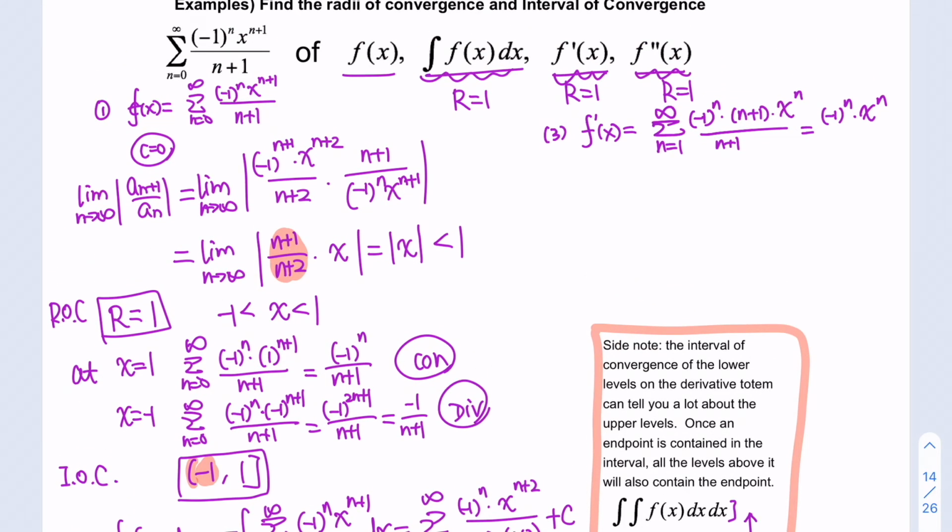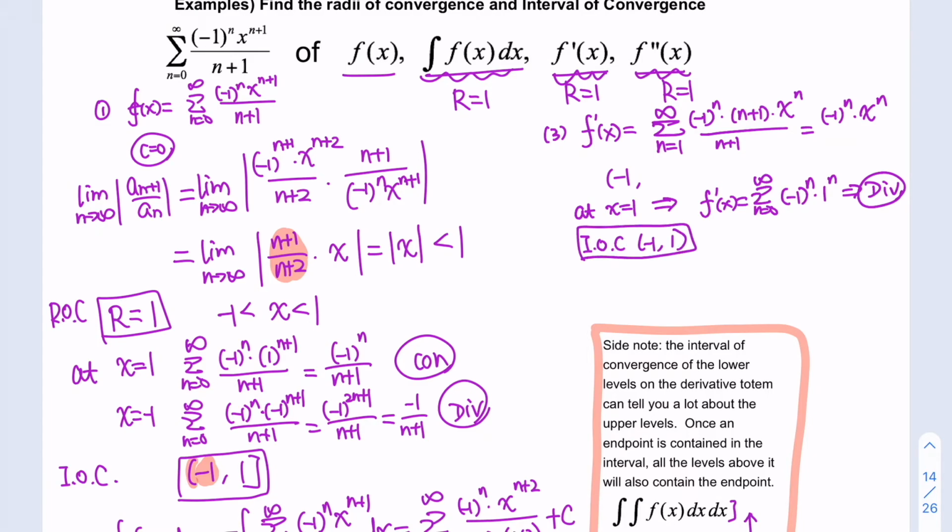So negative 1 will be open. We just need to check at x equals 1. We plug x equals 1 in, so f prime equals negative 1 to the n times 1 to the n, which is an alternating series that diverges. So for f prime, the interval of convergence will be negative 1 to 1, all open, and the radius will be 1.